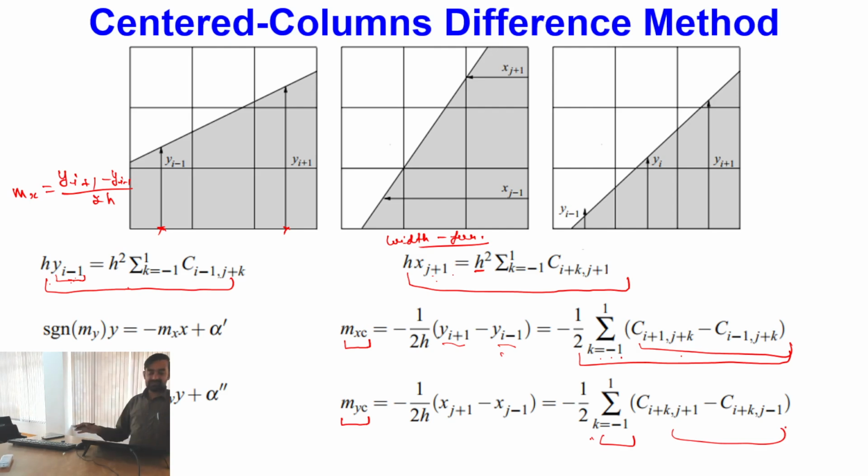Okay, so you can see that while we are explaining, we are using the height function and width function formulation, but ultimately, upon doing some algebraic manipulations, we are able to produce these slopes only in the form of the value of the color function itself, and the color function will be known to me in each and every cell from its advection equation.